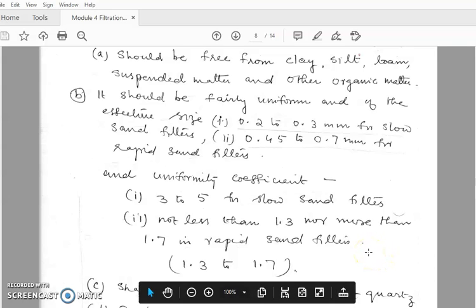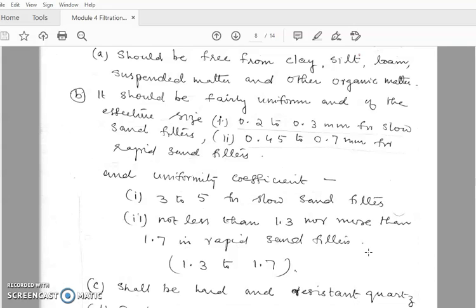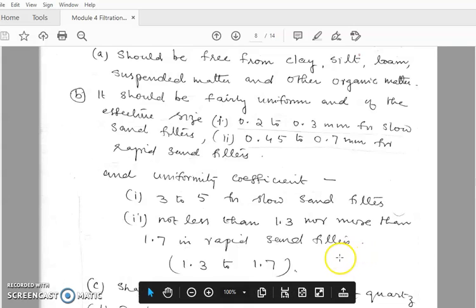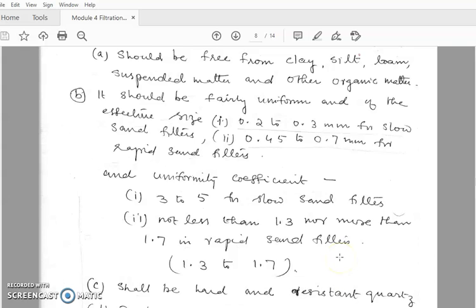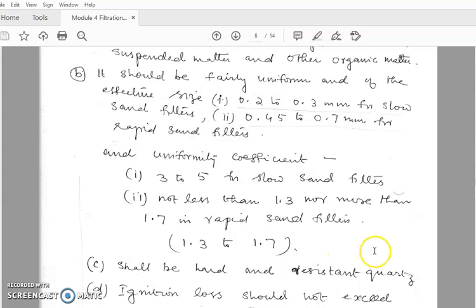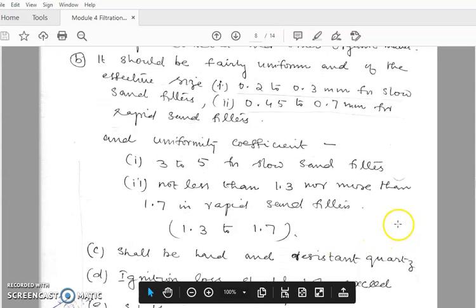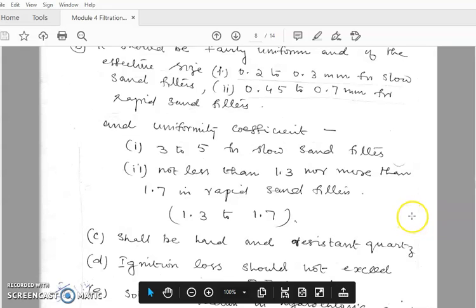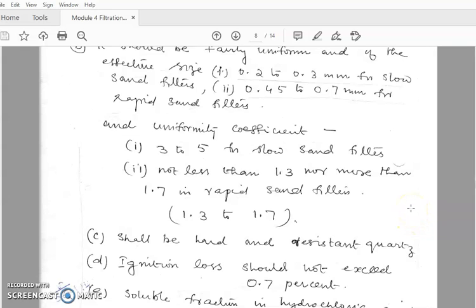You all know it is the ratio of D60 by D10. 60% of the particles will pass through a particular size, and 10% of the particles will pass through the other particular size, and when you take the ratio, it should be between 1.3 to 1.7. That is your uniformity coefficient.